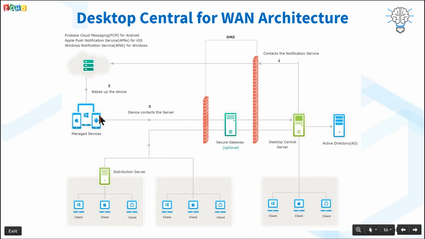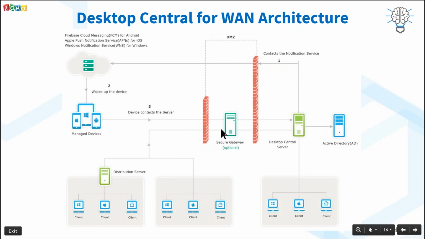Users on the go, like roaming users who move from one location to another, can be easily managed with Desktop Central. To achieve this, if you're managing the Desktop Central server in LAN or in DMZ, you can enable NATing in your firewall, or you can utilize the forwarding server feature, which will help to communicate with the agent securely.